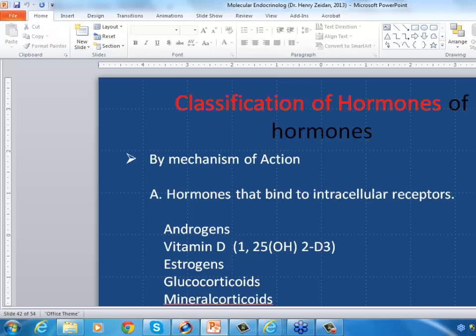So I already said, based on mechanism of action, you're dealing with intracellular hormones, intracellular receptors.